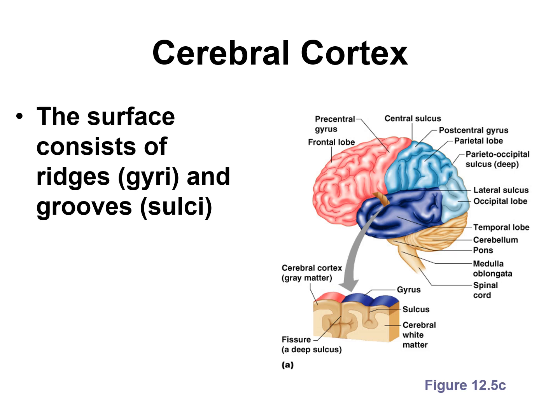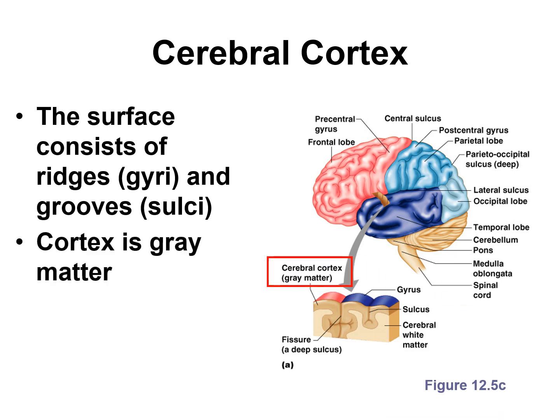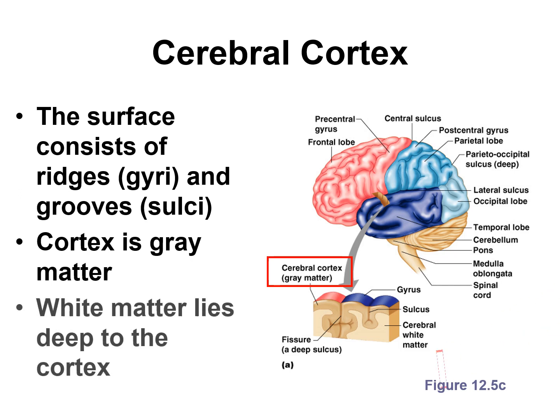I'm sure you've noticed that the cerebral cortex is thrown into ridges and grooves. We refer to those ridges as gyri, or gyrus, singular, and we refer to the grooves as a sulcus or sulci. And again, notice that the white matter of the cerebrum is deep to the gray matter cerebral cortex.